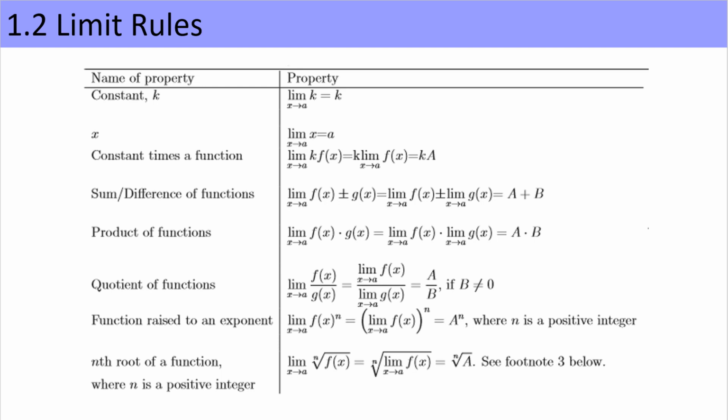And the limit as x approaches a of the nth root of f of x, we put the root symbol completely outside, or more simply put, we put the limit expression completely under the root. So we'll have the nth root of the quantity, the limit as x approaches a of f of x, equals the nth root of A.